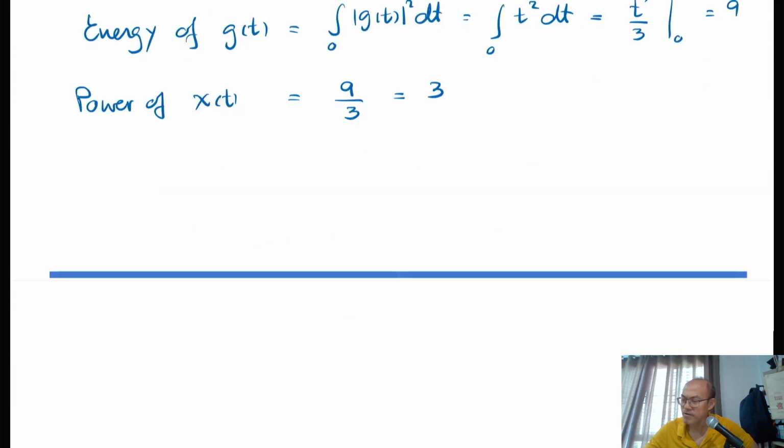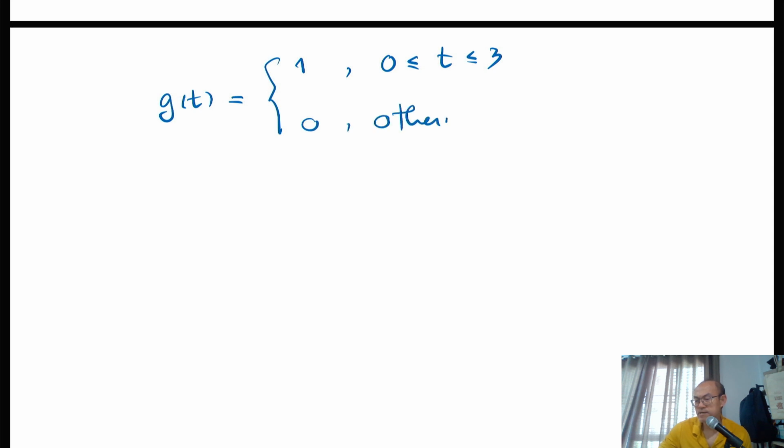All right. Let's give you an example. Suppose I define g of t equal to 1. Okay, let's make it simple, where t goes from 0 to 3 and then 0 otherwise, right? So let's draw this one.